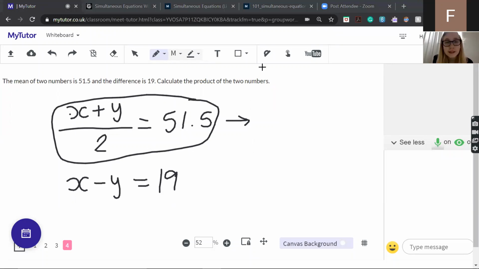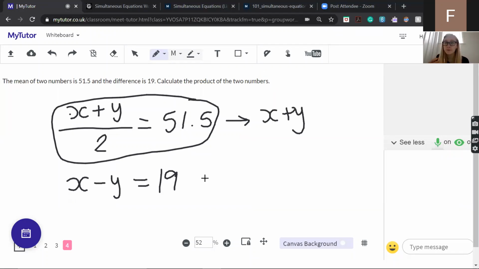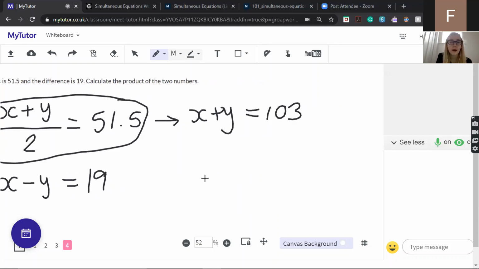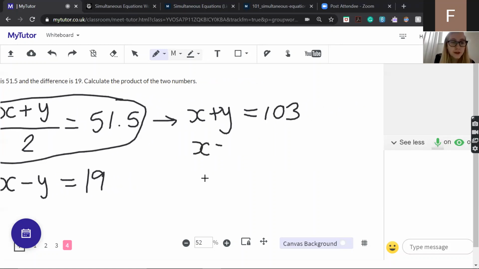So that gives us x plus y, because when we multiply something that's all divided by 2 by 2, it just becomes itself. And then 51.5 times 2 is 103. Now I'm just going to rewrite this equation underneath. We've got our 2 lovely equations, equations 1 and 2.